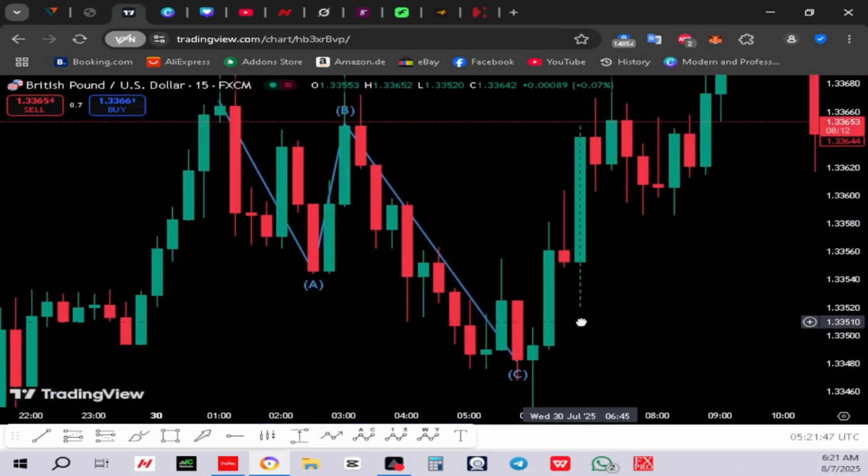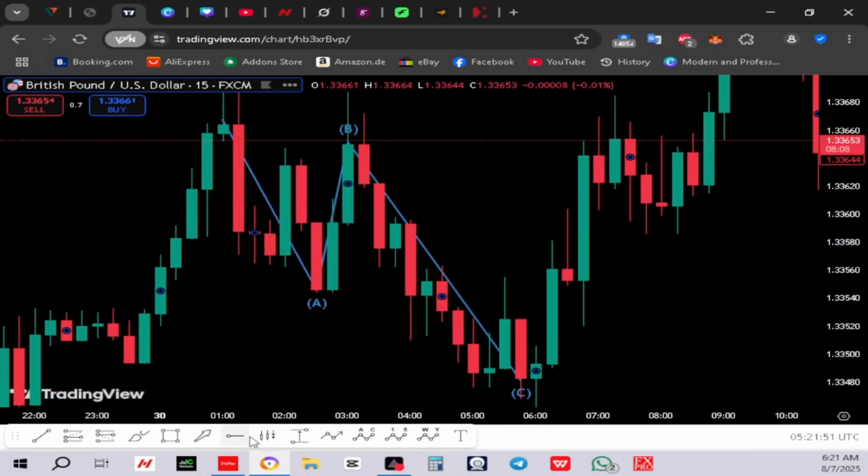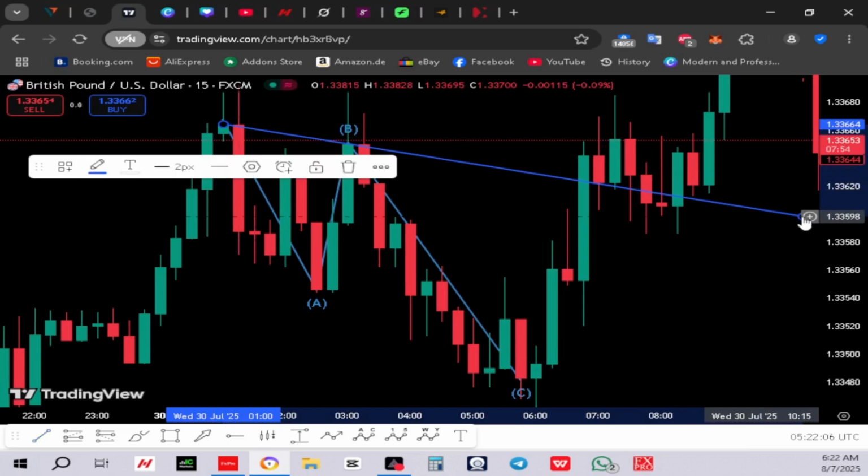So if I am to draw a trend line on this bearish structure, what I'm going to do is that I will simply be connecting from the highs here, which is this level and not this. Now you understand how trend lines are being drawn following complex market structure. So if I'm drawing my trend line, I'll be drawing this from here right down to this level as well.